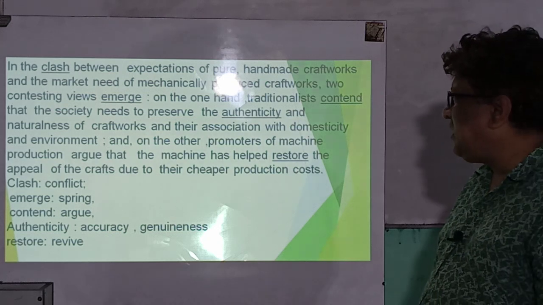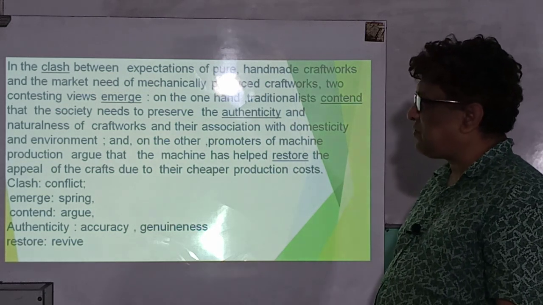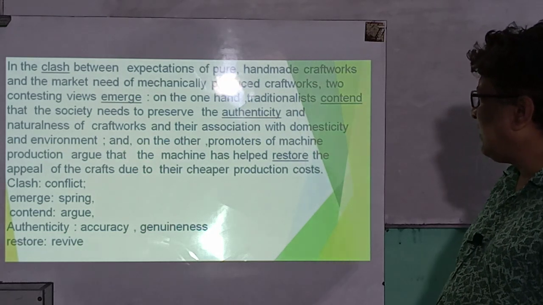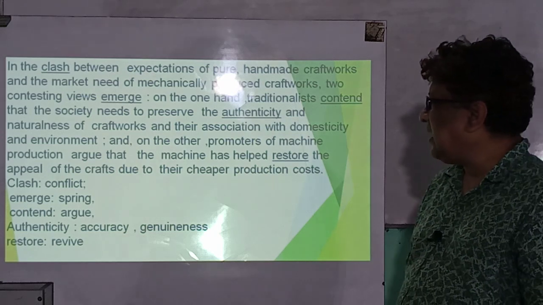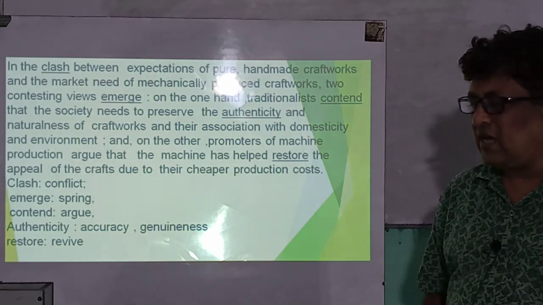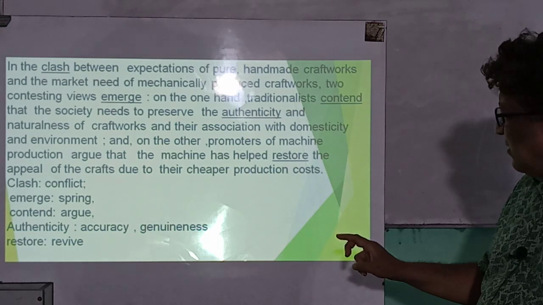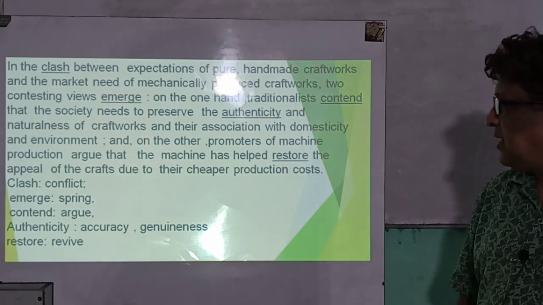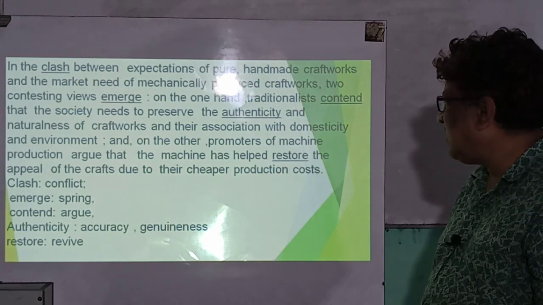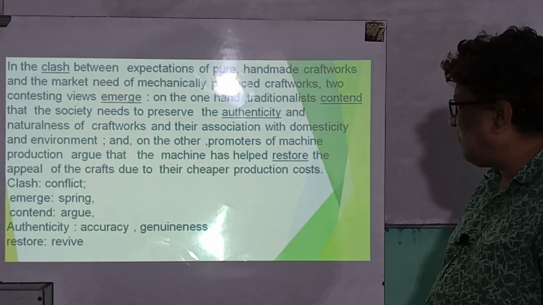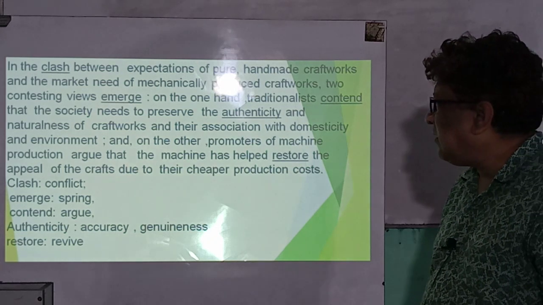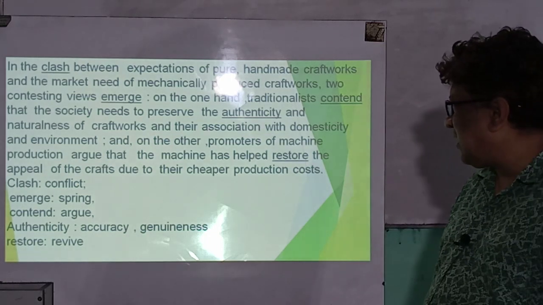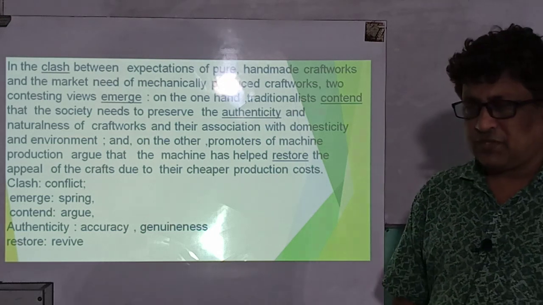That means the purity, the accuracy of craftworks should remain intact, and their association with domesticity and environment should be preserved. On the other hand, the promoters, the supporters, the sponsors of machine production argue that the machine has helped restore, means revive, the appeal, the attraction of the crafts due to their cheaper production costs.